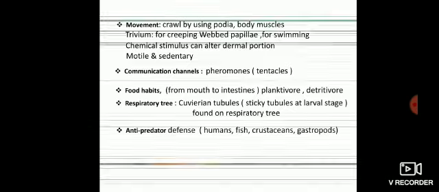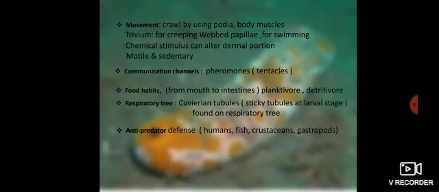The next is the mode of movement in Holothuroidea. They crawl by using the podia or the body muscles, for creeping they use the tube feet, and papillae for swimming, and all these structures are used for locomotion. Communication in Holothuria is through special or unique pheromones that are excreted from the tentacles to attract their prey or for sexual reproduction.